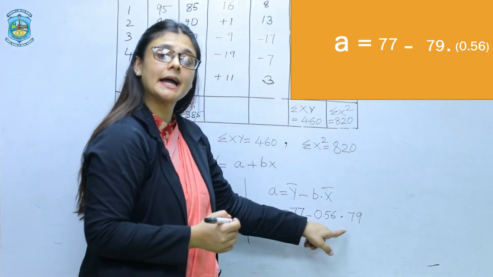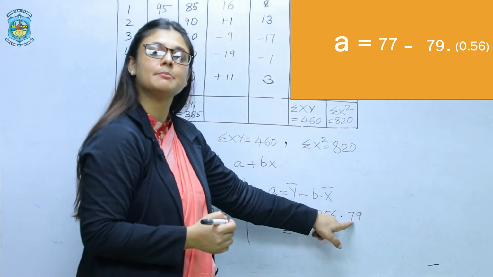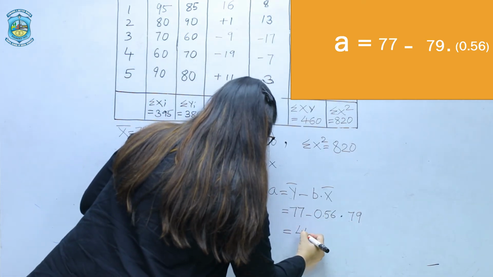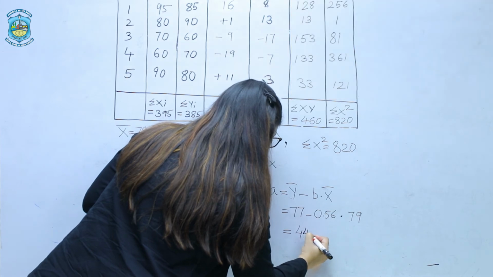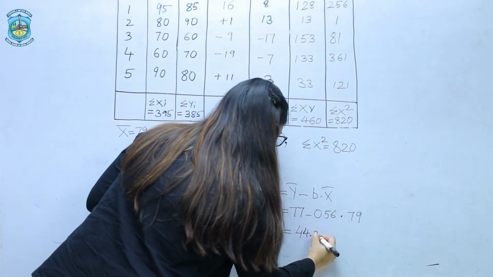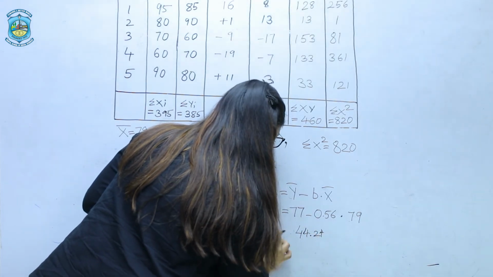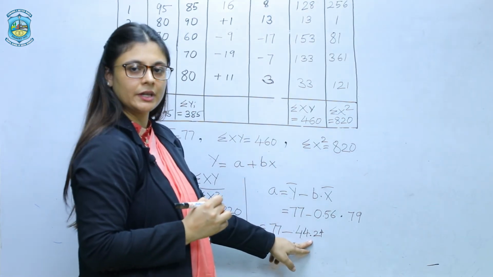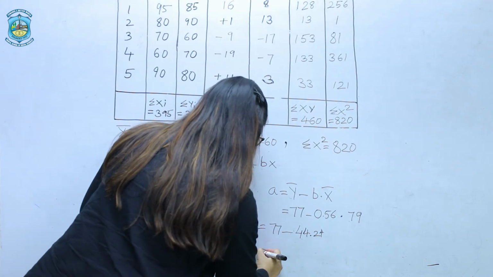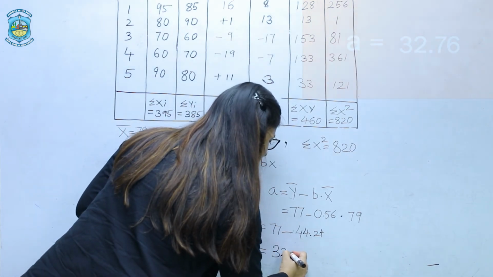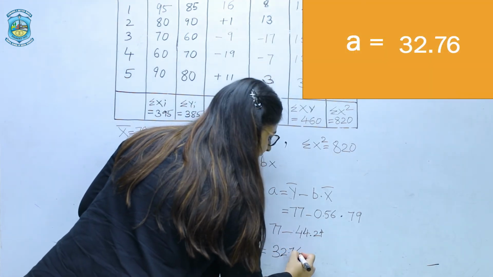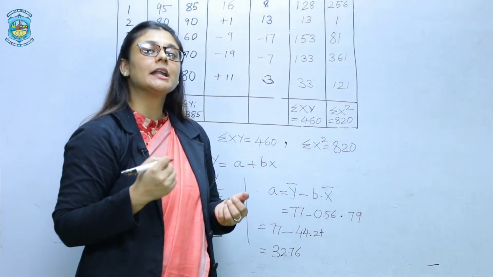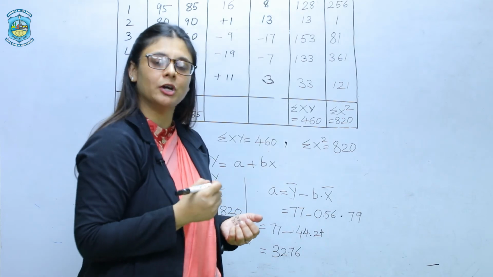So when we multiply these two, 0.56 multiplied by 79, the value you get is 44.24, and we are going to deduct that from 77. And finally, the answer that you get is 32.76. Please pause the video, calculate yourself, and then reaffirm your answers.